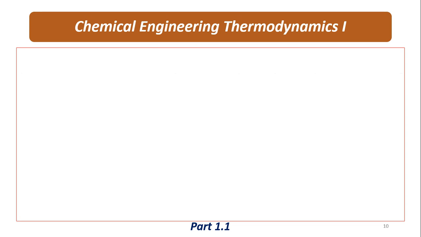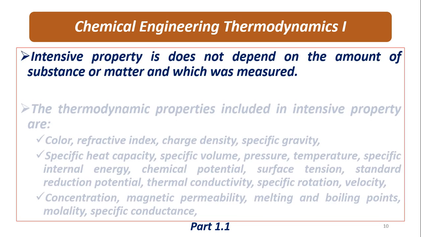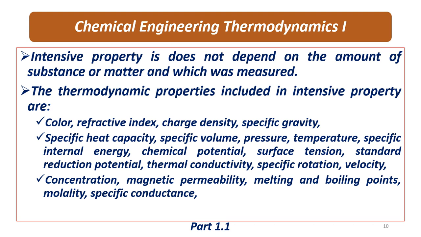Intensive systems consist of different thermodynamic properties. For example, color, refractive index, charge density, specific gravity, specific heat capacity, specific volume, pressure, temperature, specific internal energy, chemical potential, surface tension, standard reduction potential, thermal conductivity, specific rotation, velocity, concentration, magnetic permeability, melting and boiling points, molality, specific conductance are considered as intensive properties. Those properties do not depend on the amount of substance or matter.